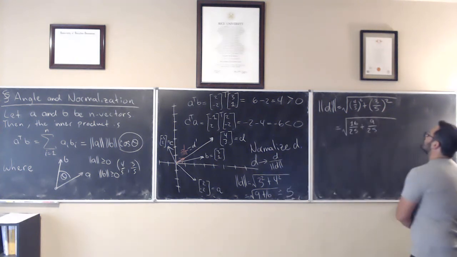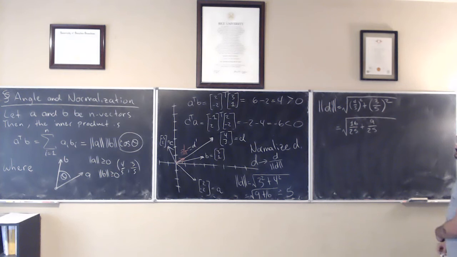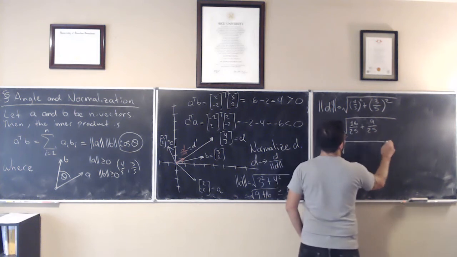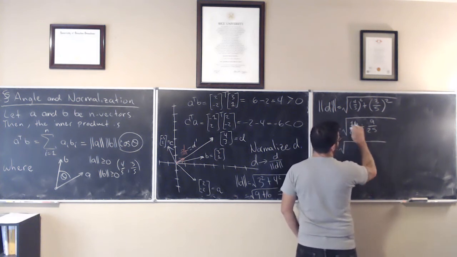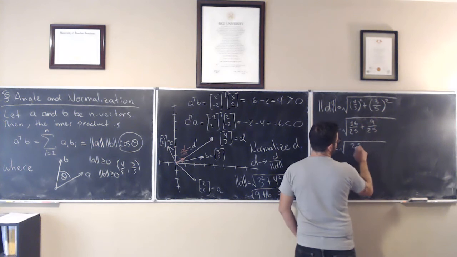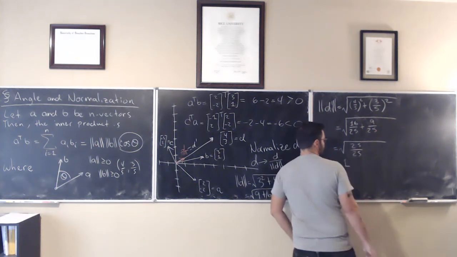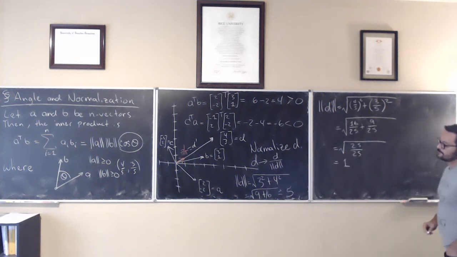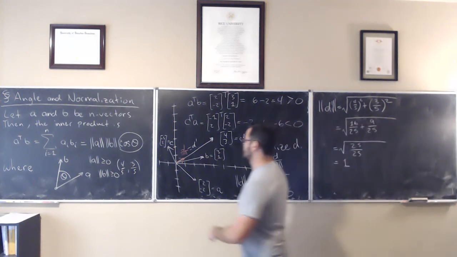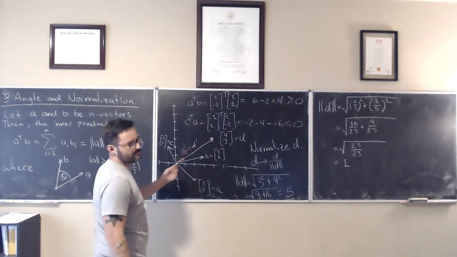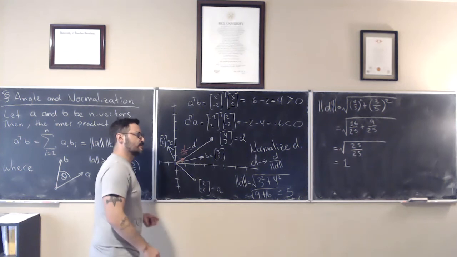Did I do that right? So this becomes the square root of 25 over 25, or just 1. So normalized vectors are in the same direction as the original vector, but have unit length. They have length 1.